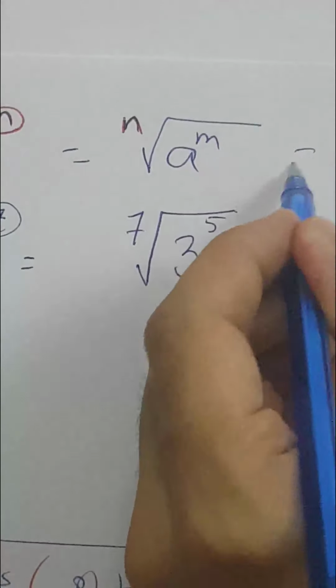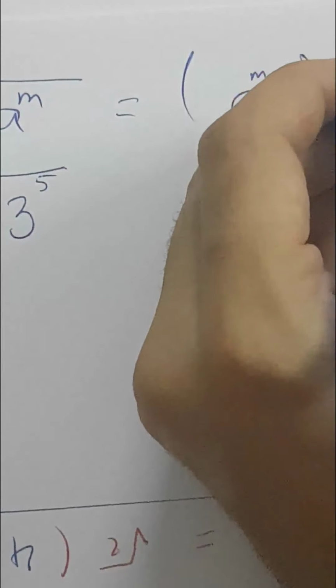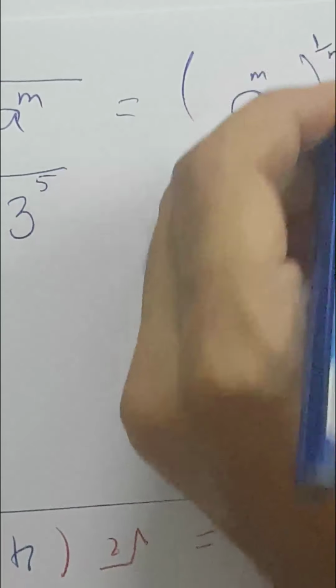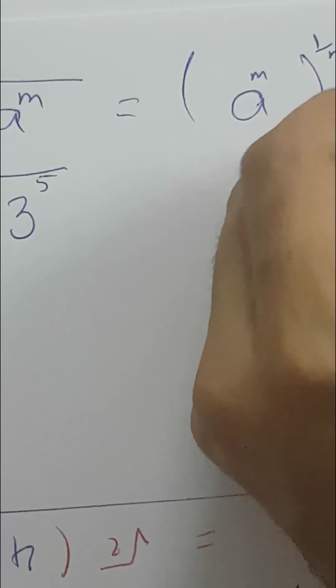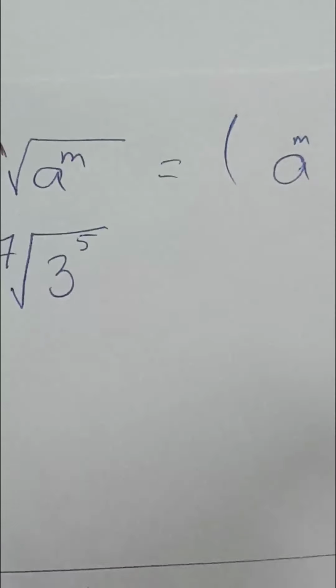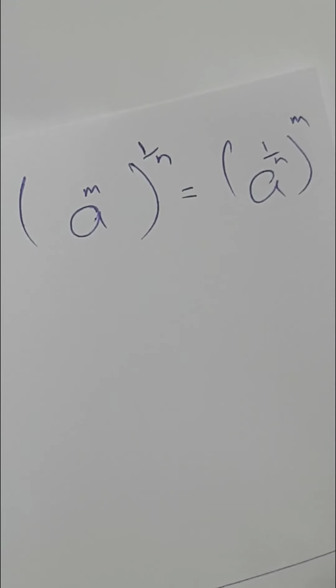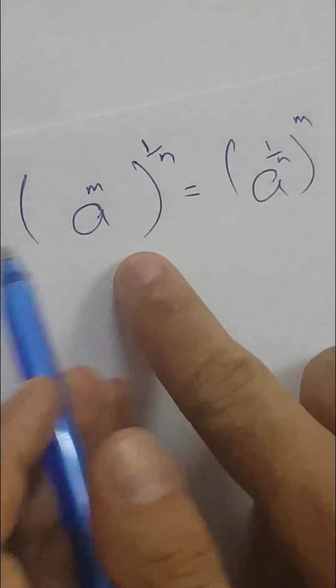And also, in the second part, you can write it like that, or you can write it like that. Why? Because we manipulate the exponent.